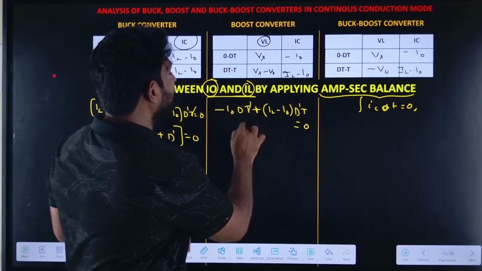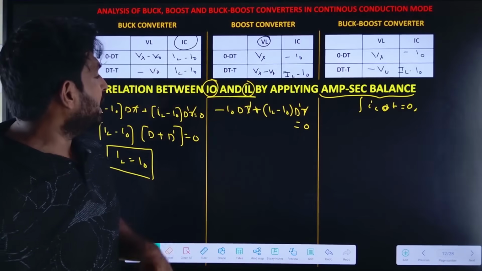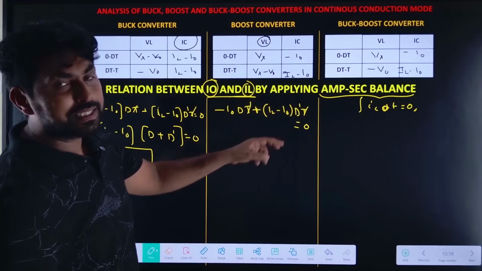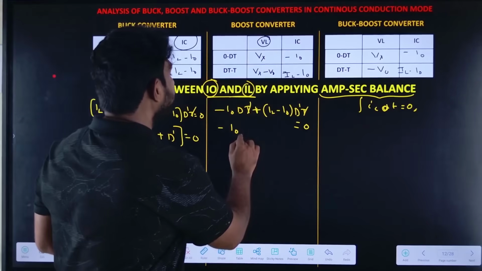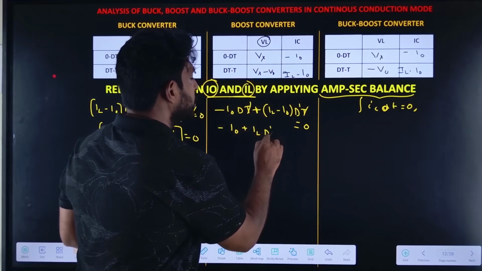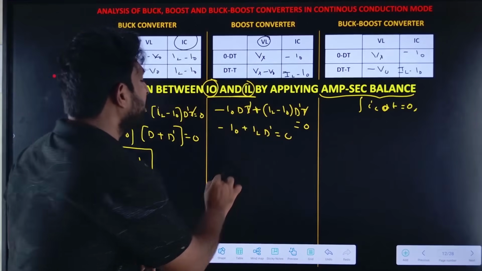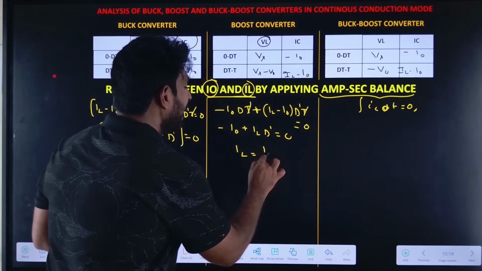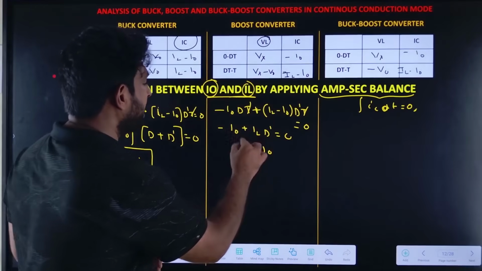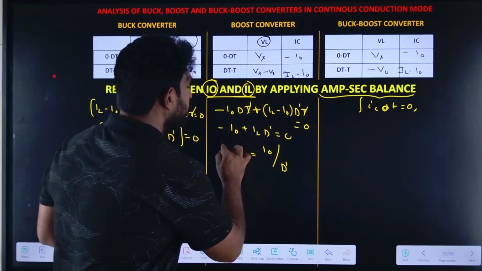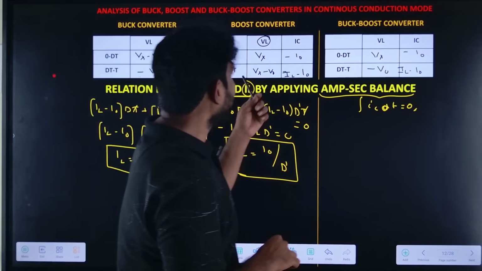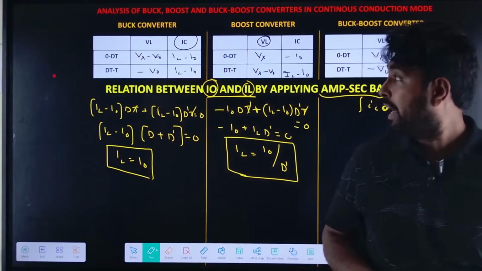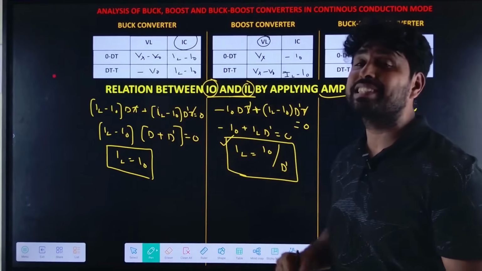And T will get cancelled out. So minus I0 into d plus d dash, that is minus I0, plus IL into d dash, which is equal to 0. So IL equal to I0 divided by d dash, that is I0 divided by 1 minus d. This is the expression for the average inductor current.